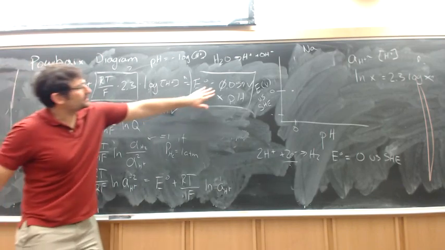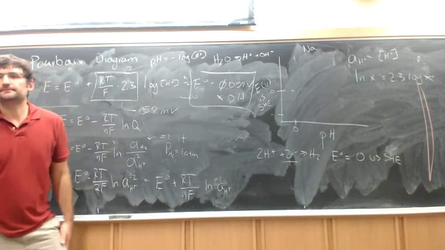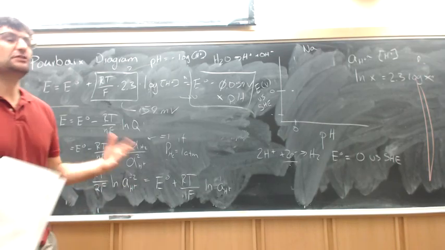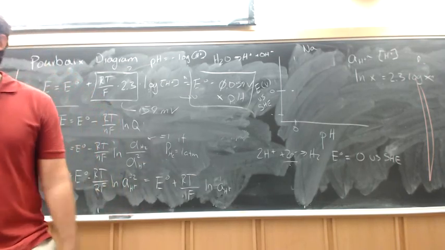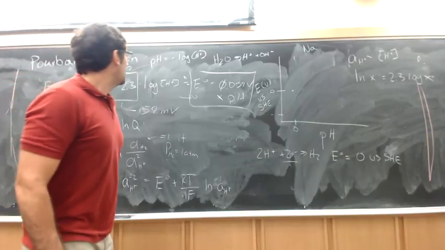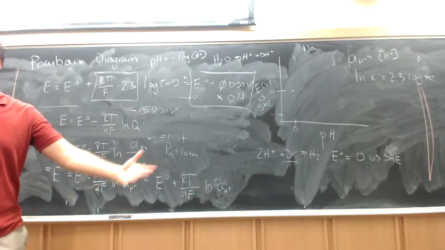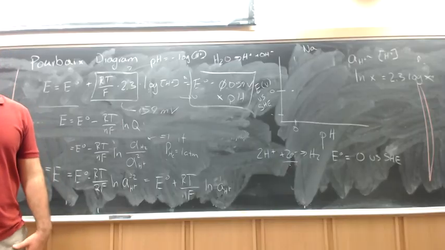The slope of the line is 59 millivolts per pH unit. We call that Nernstian. Anything that changes by 59 millivolts per order of magnitude change in some species, we call Nernstian. It's a Nernstian pH response, okay? That's just because the prefactor, 2.3 RT over F, is 59 millivolts at room temperature.